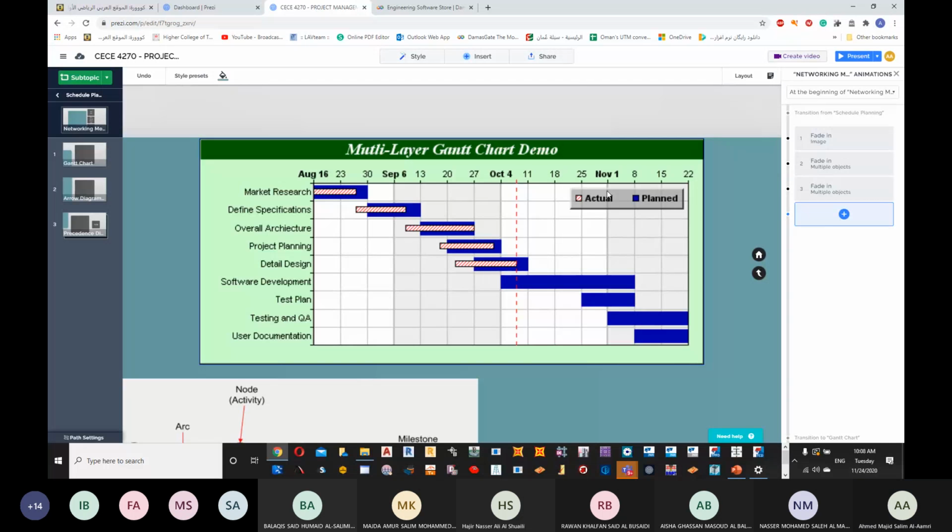Okay. So once again, the two advantages of the Gantt chart. One, it's very easy to visualize. It's very easy to understand. Second, it's very good when it comes to comparison between actual and plan. Now there are disadvantages of using the Gantt chart.